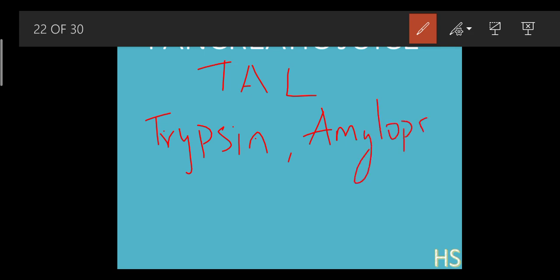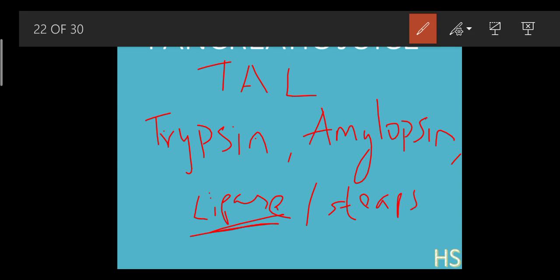Amylopsin, and lipase. Lipase, if you notice, is also called steapsin. If you notice, in most of the places SIN has come.